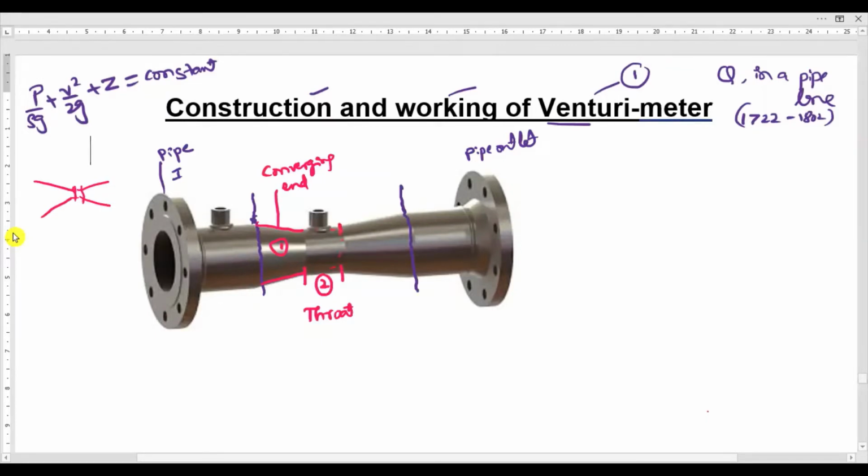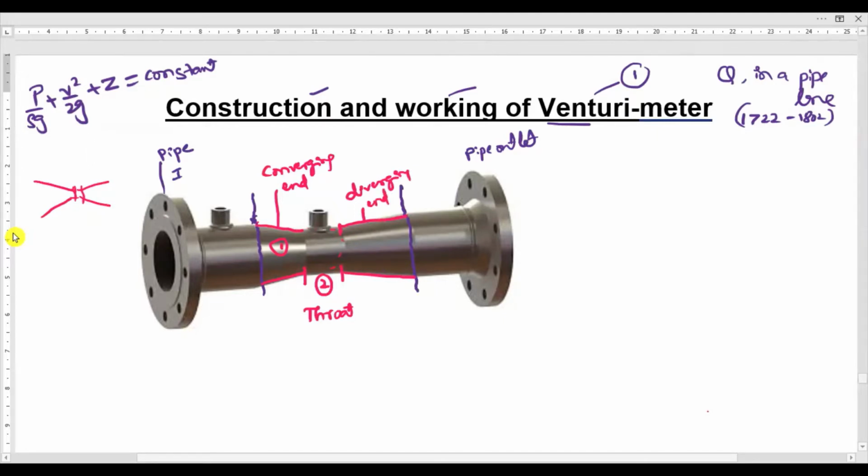Now the third part: at the end of this throat portion, one more portion is connected. That is a large area. Gradually the area is increasing, so this end is called the diverging end.